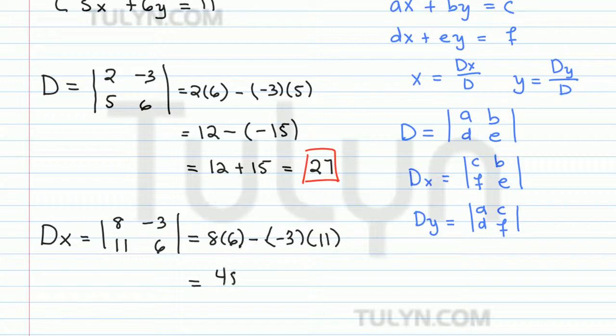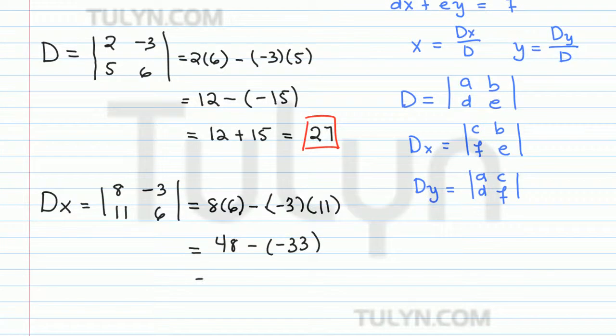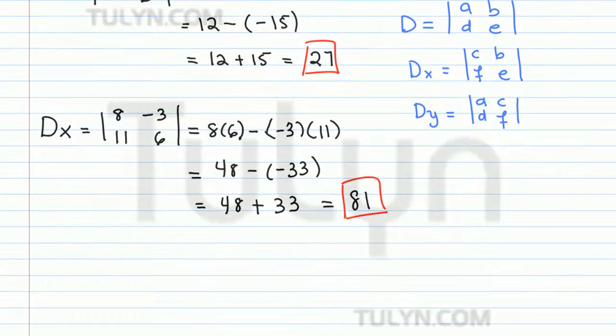This becomes 48 minus negative 33, which is what negative 3 times 11 is. So 48 plus 33, and that becomes 81. So now we have our Dx, and finally we just have to find our Dy.